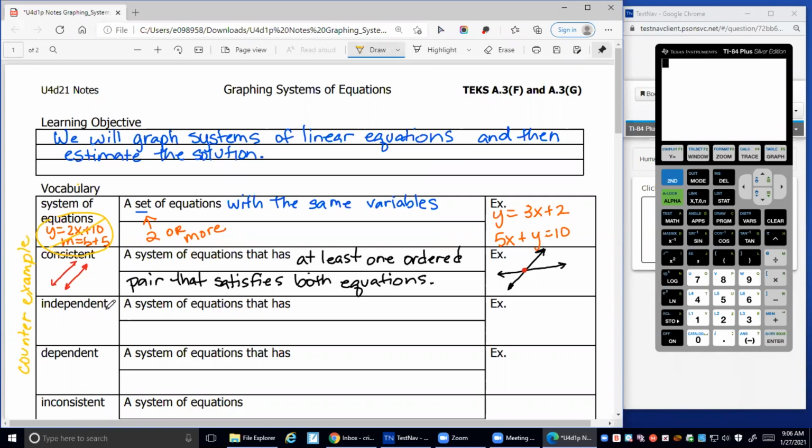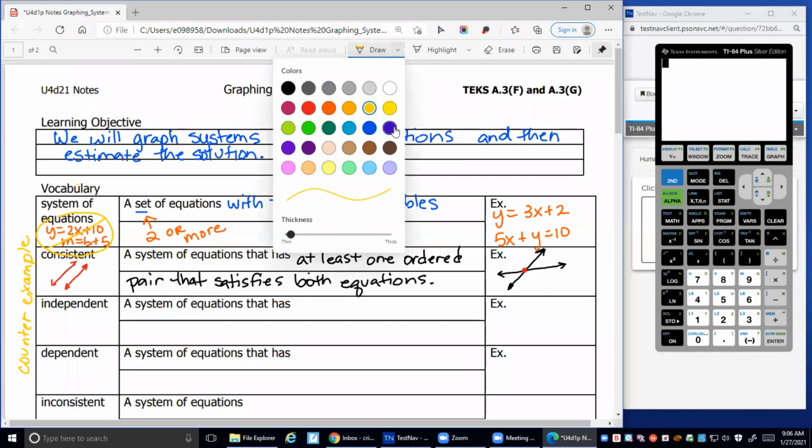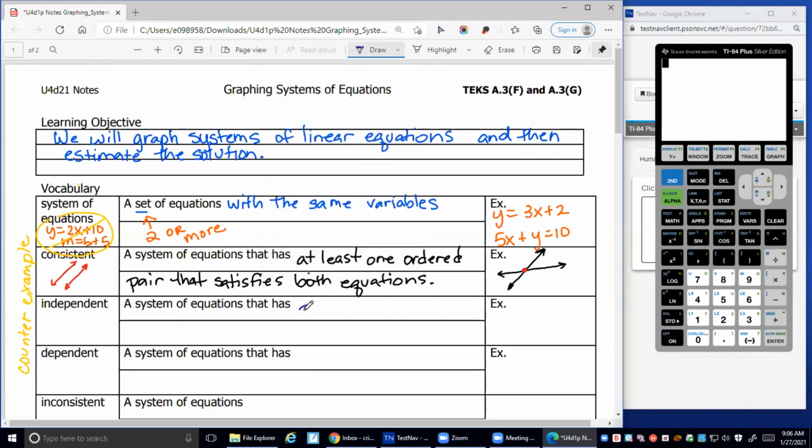All right, let's get into independent. Any questions so far? Okay. All right, good. So independent is a system of equations that has exactly one solution. Okay? Only one.